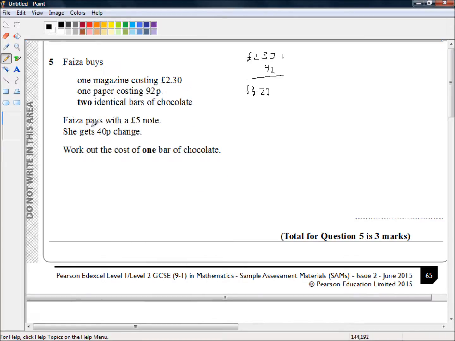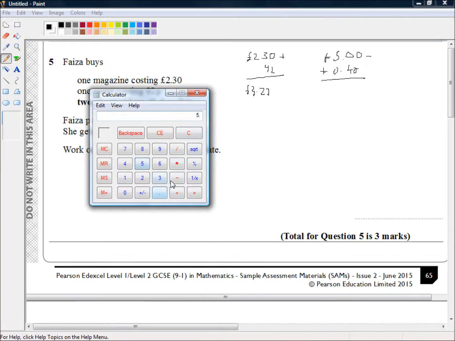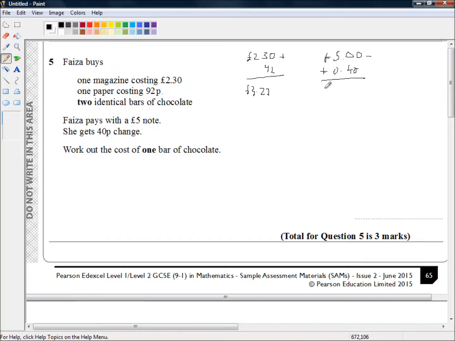Okay, so now we need to know how much Fazer paid for everything. So that's £5, she paid with a £5 note, and we subtract the 40p change she got. And again, we can either do 5 minus 0.4, which is 40 pence, is equal to 4.6, and note that that is £4.60, not £4.06.